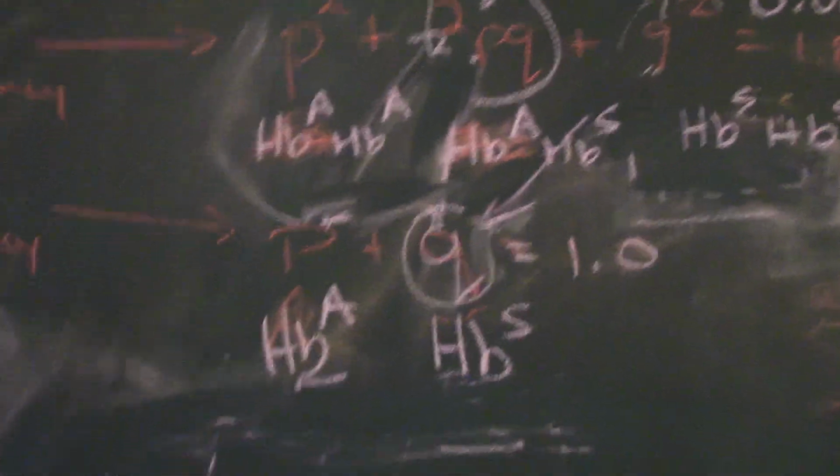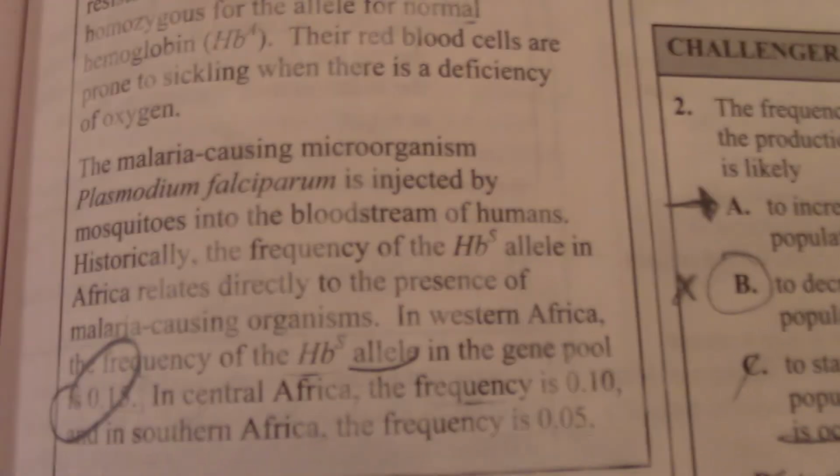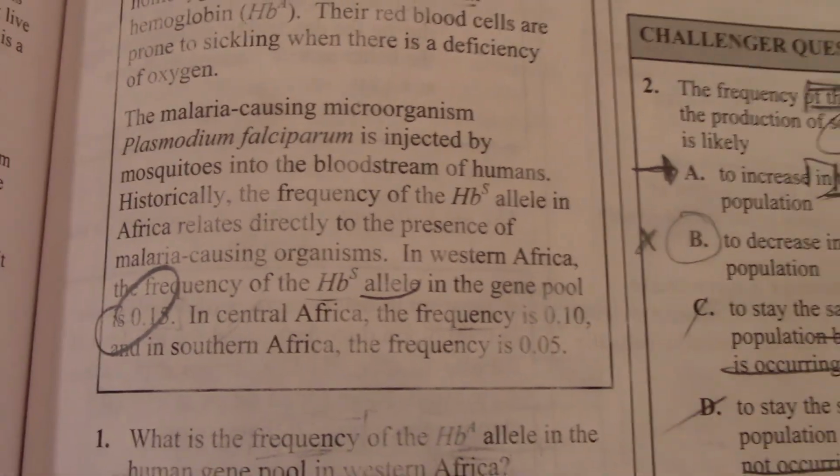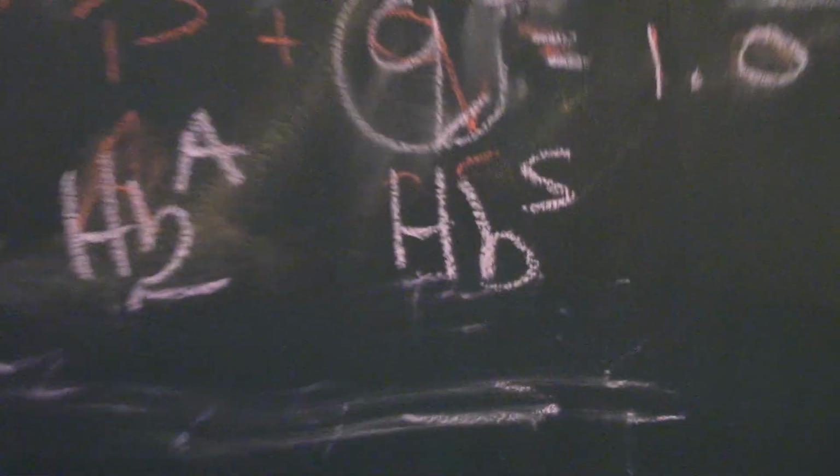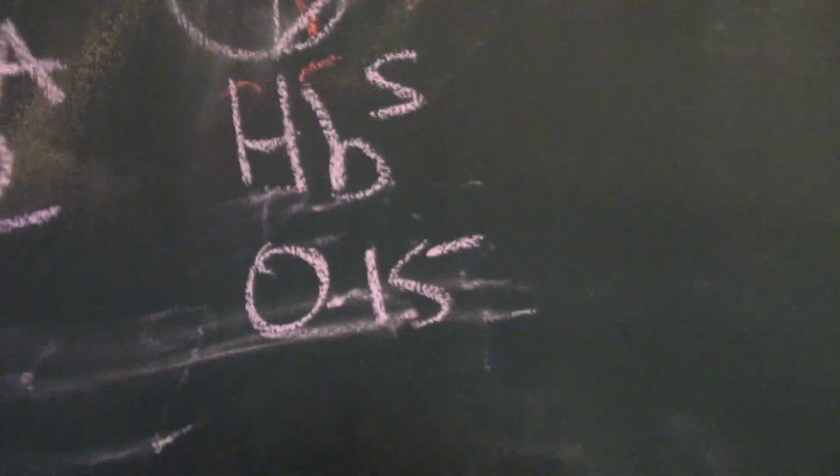And what it gave me was the allele frequency of the sickled cells in Western Africa. So in Western Africa, the frequency of the HBS allele. So it didn't give me a genotype, it gave me allele frequency. So it gave me Q, and it's asking for what's the frequency of the normal allele. It's asking for this, so I go from here to that.